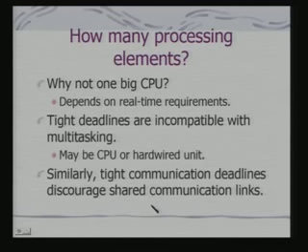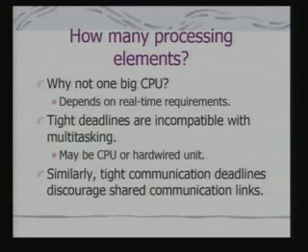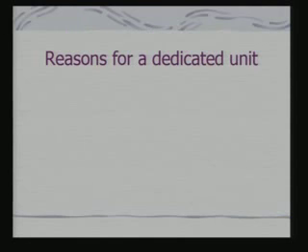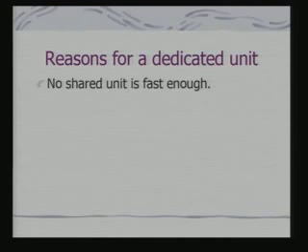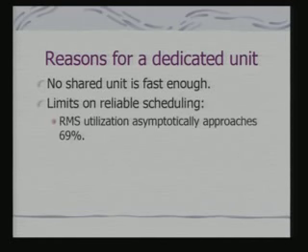In that case, we might need to build a dedicated communication link using the configurable logic facility available on our platform. So what would be the reasons for having a dedicated unit? We shall have dedicated units only when the shared unit is not fast enough to meet our timing constraints as well as our deadline requirements.